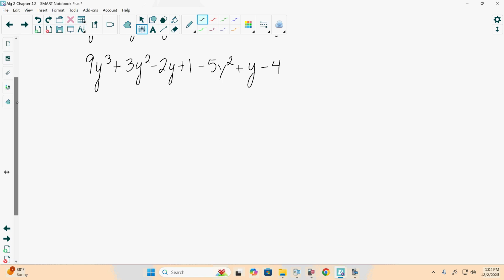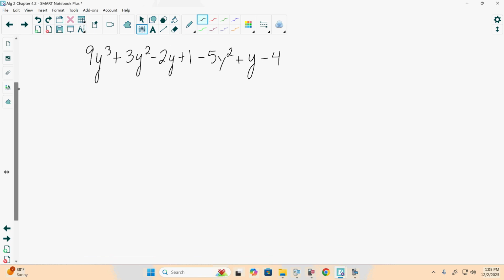Questions on this so far? Now, if it helps at this point here, what we can do is we can move our like terms so that they're next to each other. So we start off with the term with the biggest exponent, so our y cubed, and I would want to move any other terms with y cubed next to it. Unfortunately, there aren't any.